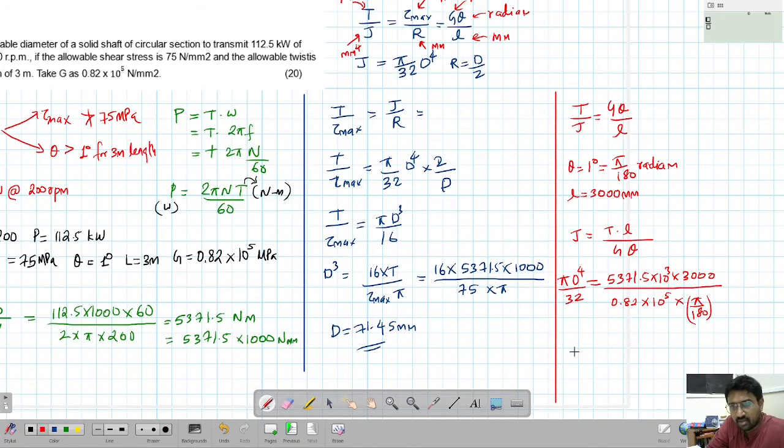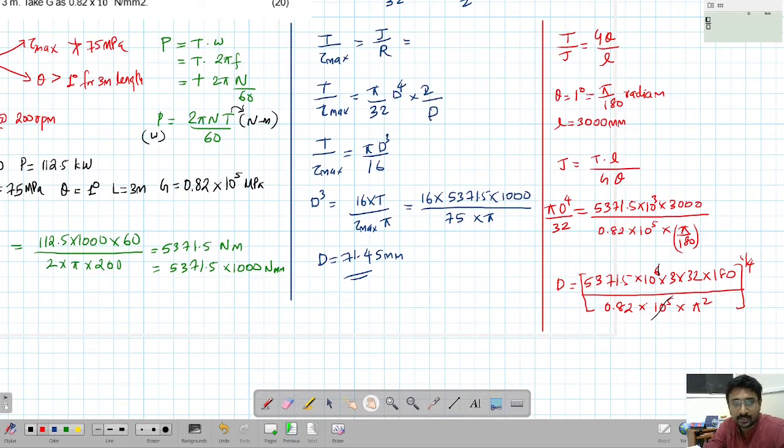Now we can find the value of d. So d is nothing but 5371.5 times 10 to the power 3 and 10 to the power 3, which gives 10 to the power 6, times 32 times 180 divided by 0.82 times 10 to the power 5 times pi square. Now I can cancel 10 to the power 5 and 10 to the power 6, so 10 will remain. I'm sorry, this is raised to 1 by 4.